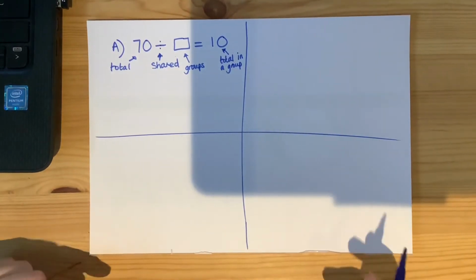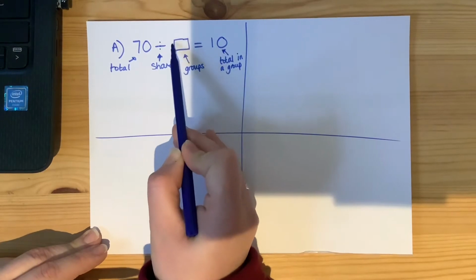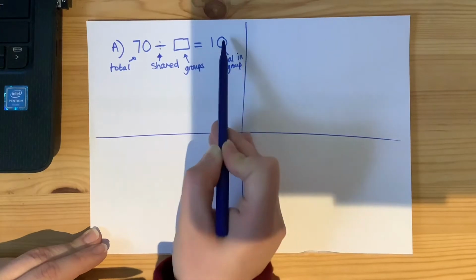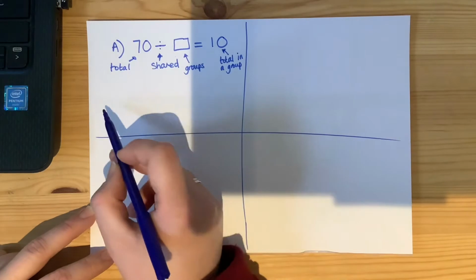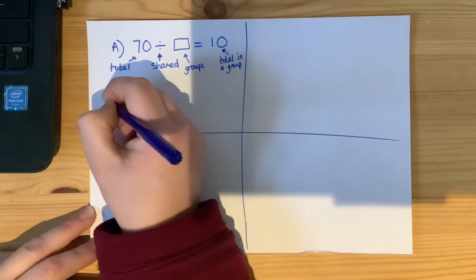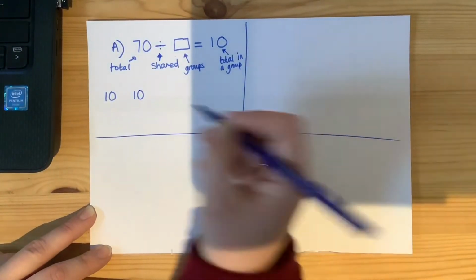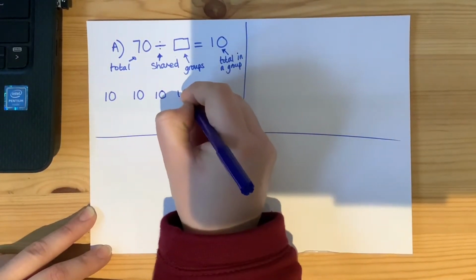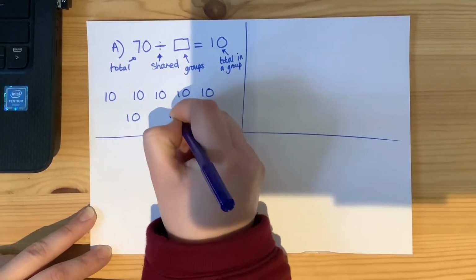Now what that means is that we had 70, we shared our 70 into an unknown number of groups, and once we'd done that, we were left with 10 in a group. So to solve my problem, I can build groups of 10 until I have 70 in total. One group of 10, two groups of 10 gives me 20, 3 gives me 30, 40, 50, 60, 70.